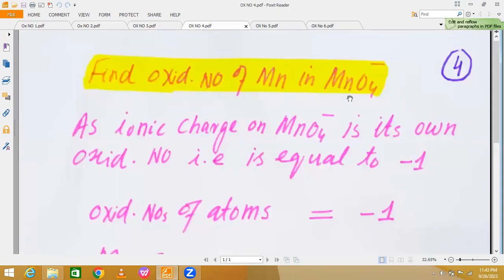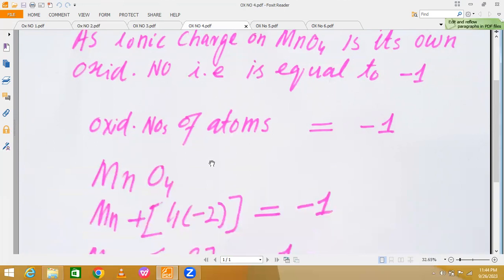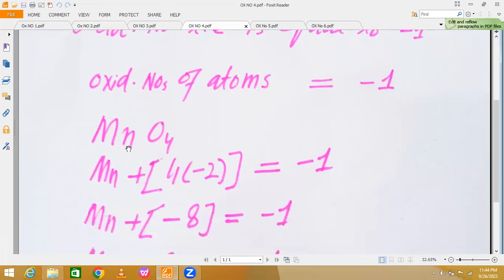Now, in case of the permanganate ion, MnO4 -1, the ionic charge on MnO4 1 minus is its own oxidation number, that is equal to -1. So the oxidation numbers of atoms on the left side and the oxidation number of the ion on the right side, that is -1. We have to find the oxidation number of Mn.